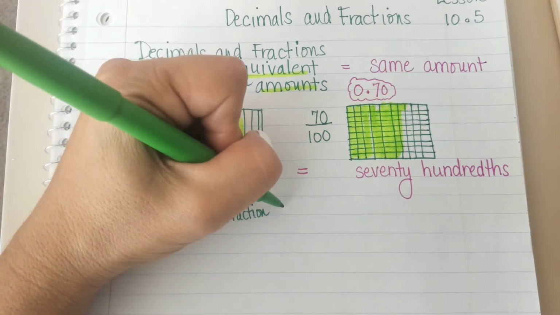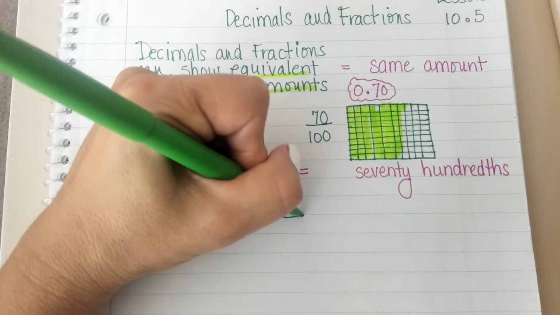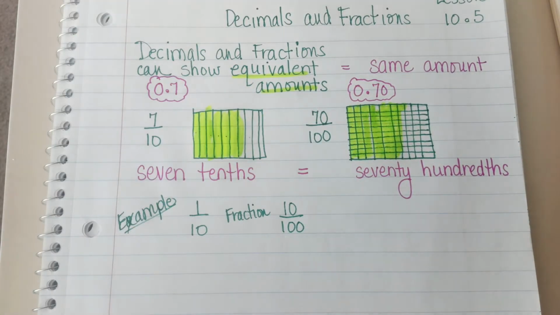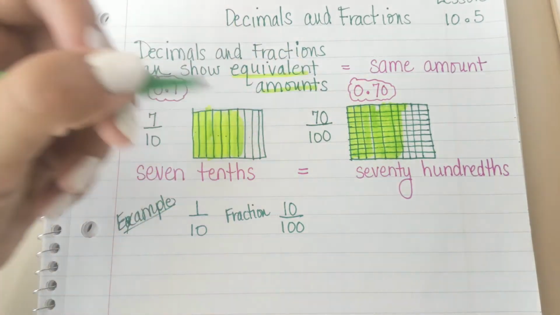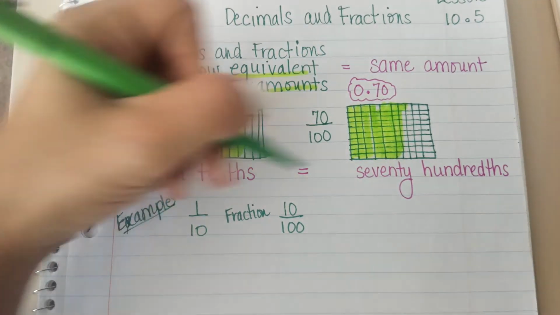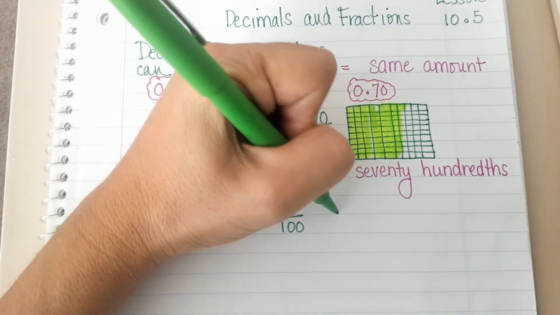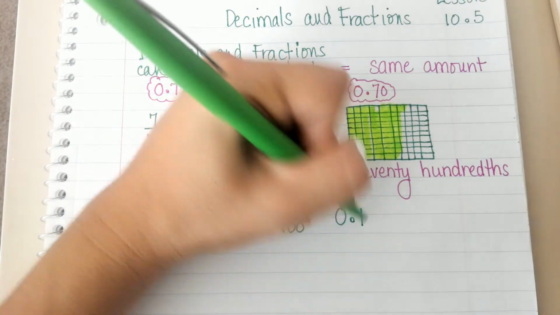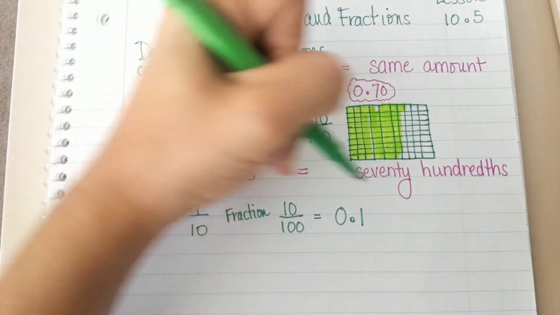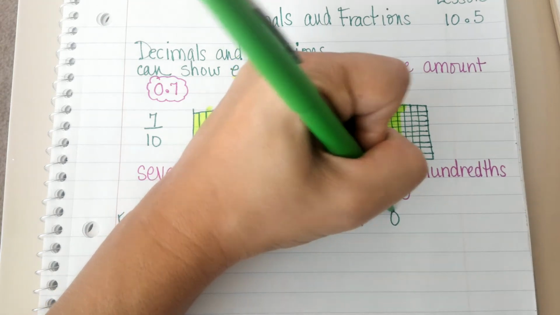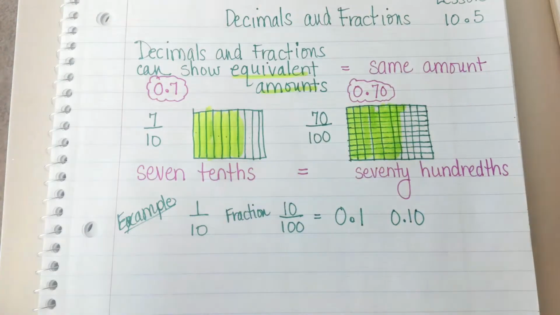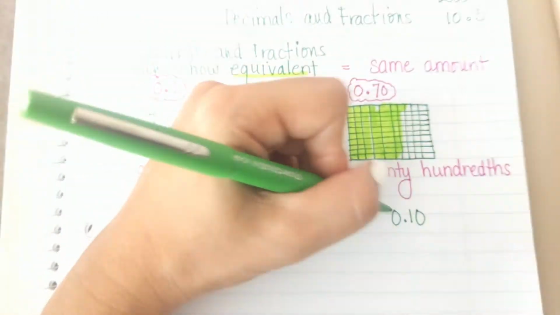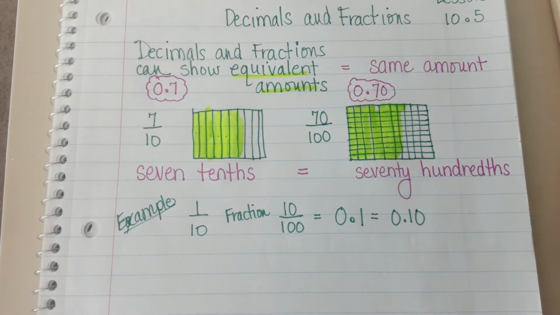It can also be written 10 hundredths. And as a decimal, it can be written 1/10 or 10 hundredths. They are all equal.